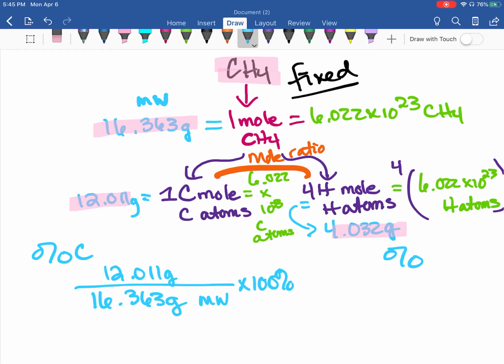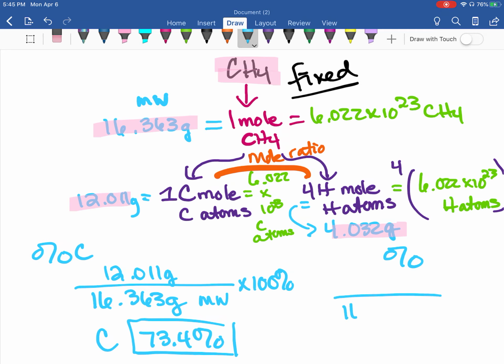Okay, let's calculate that. Grab your calculator. Let's do the math on that. 12 divided by 16.363, times 100. That is going to give us 73.4%. So every time we look at methane, 73.4% is carbon. Okay, then the rest is hydrogen. Let's go ahead and do the math.